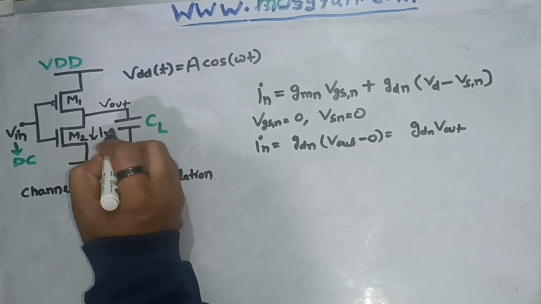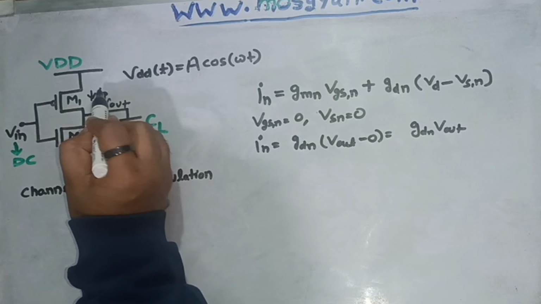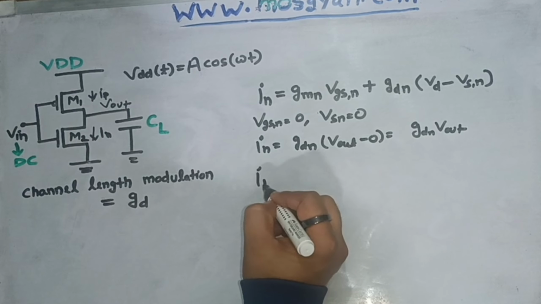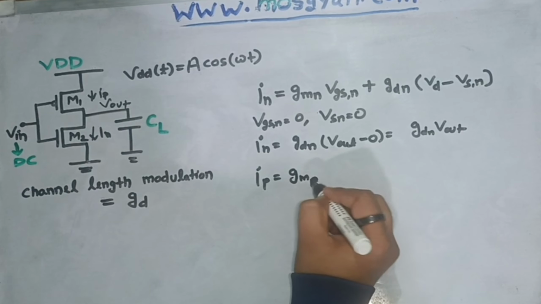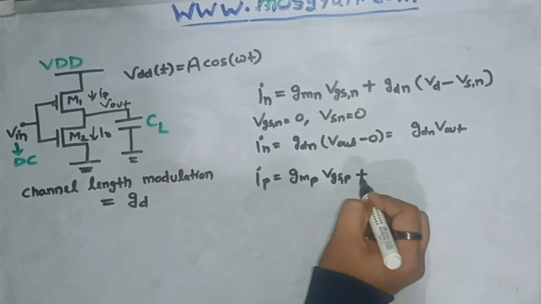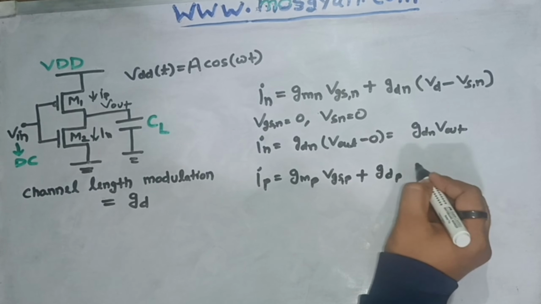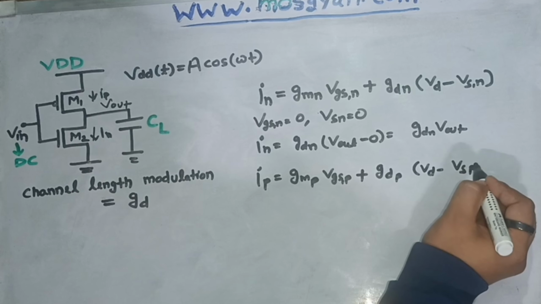Now we will apply a similar equation for the PMOS. Let's call the current flowing from the PMOS IP and apply the same equation. So I can write IP as GMP into VGS of PMOS, plus we will consider the channel length modulation factor here also, so GDP into VD minus VS of PMOS.